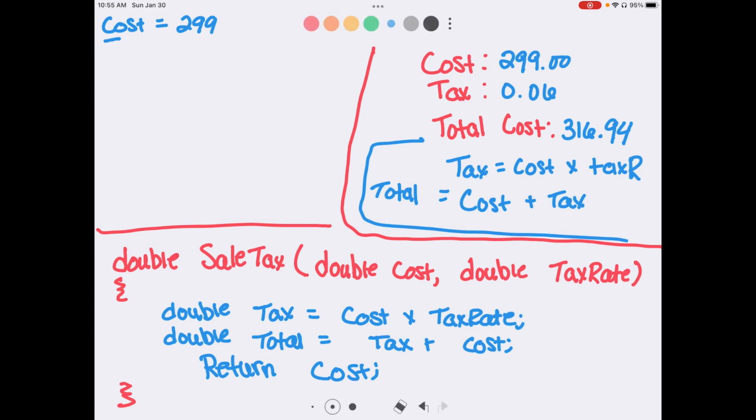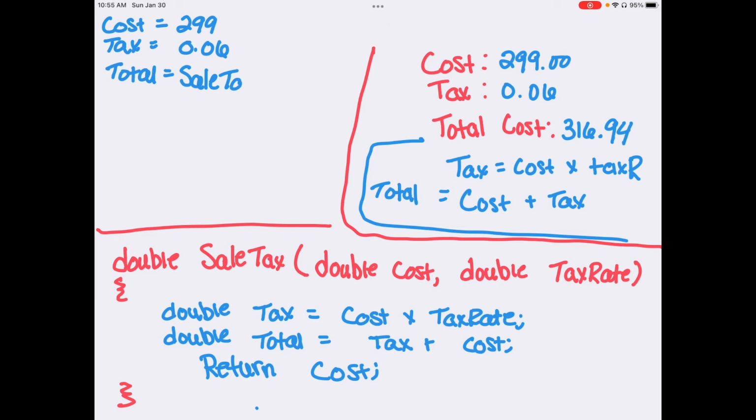You have a variable tax, which equals 0.06, and then you want to find the total cost. So in your code, you would do total equals sales tax, and then you would pass in this variable, which is cost, and you have to pass it in the order it's put in here, and then you would pass in tax.